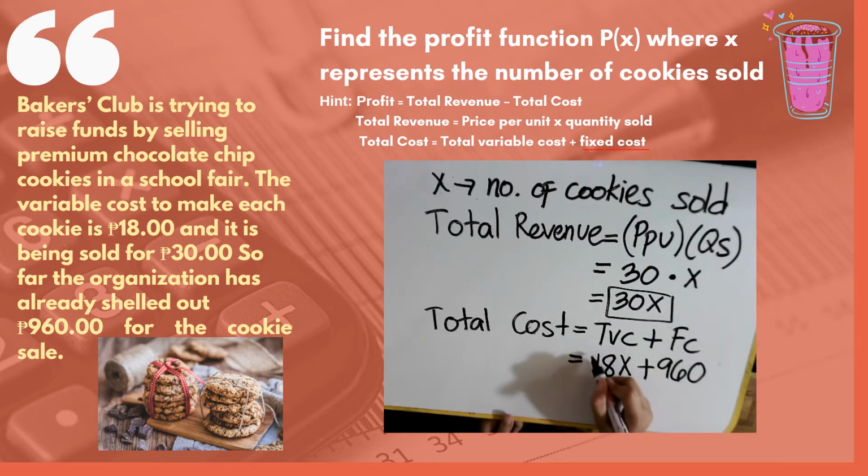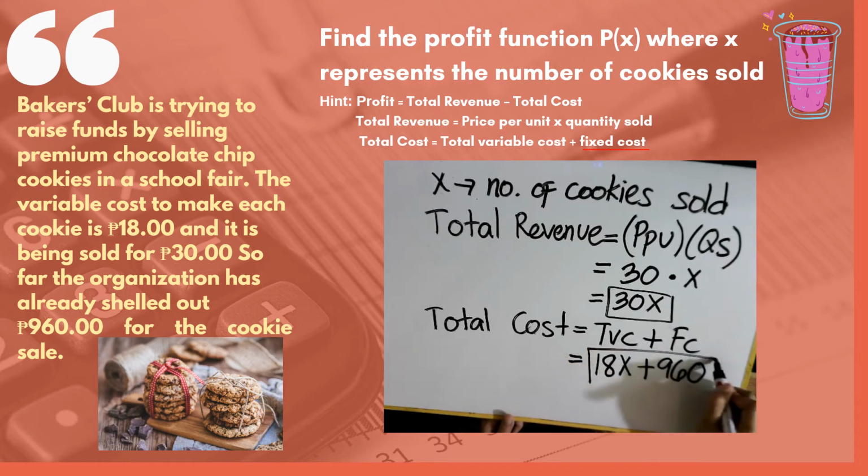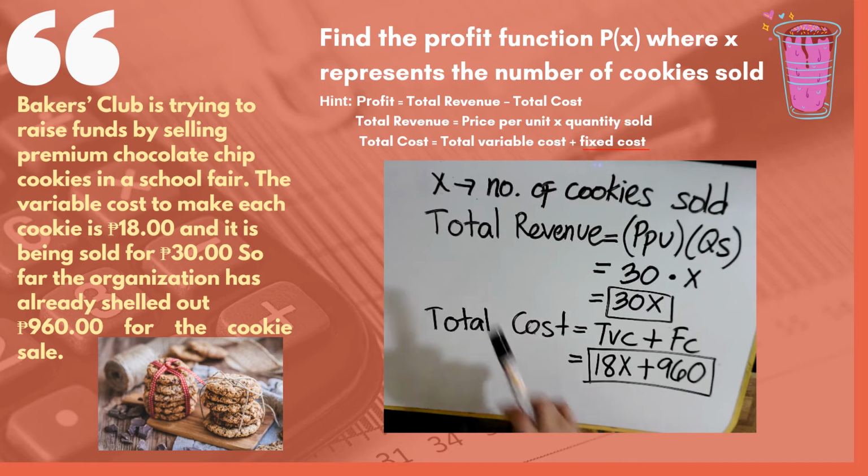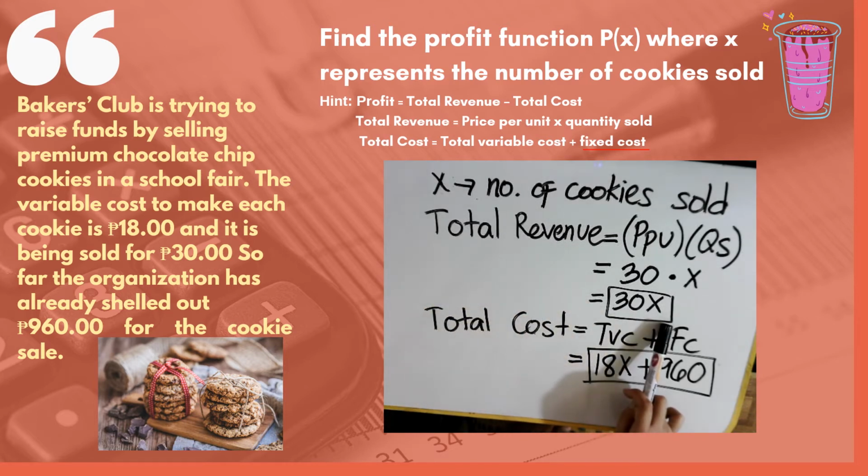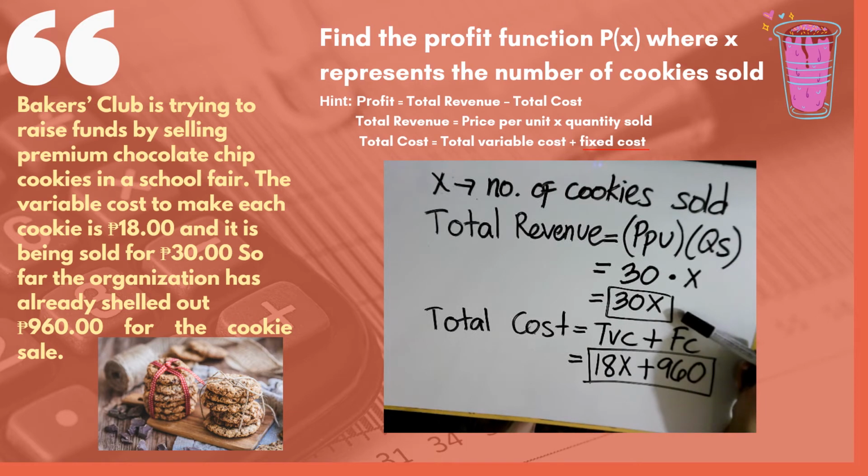So, ito ngayon ang ating total cost. Ang ating total revenue ay 30x. Ang ating total cost ay 18x plus 960. Ngayon na meron na tayong total revenue at total cost, pwede na nating mabuo yung function para sa profit o ating pinaka-kikitain.